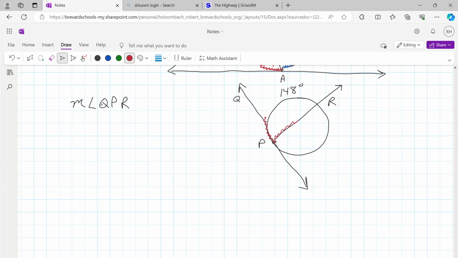So the measure of angle QPR is equal to 1/2 of 148, so 74 degrees.